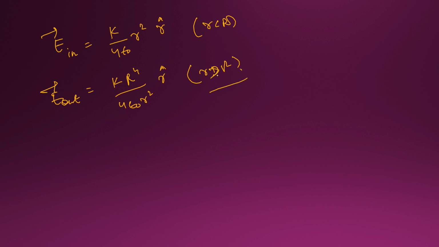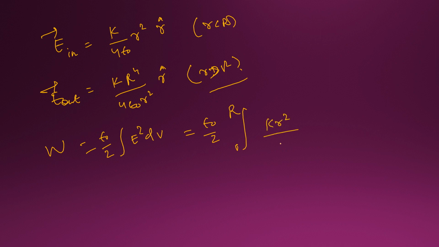These things you have to do yourself. So what will the work done be? Epsilon naught by 2 integral of E square dV. So epsilon naught by 2, first of all, 0 to R, k r square by 4 epsilon naught. This is the inside point.